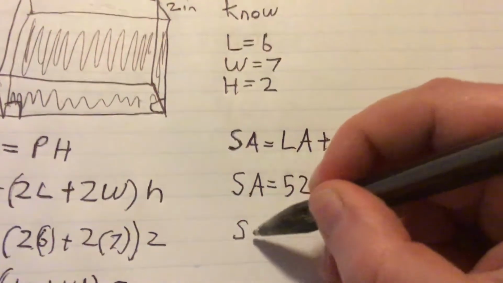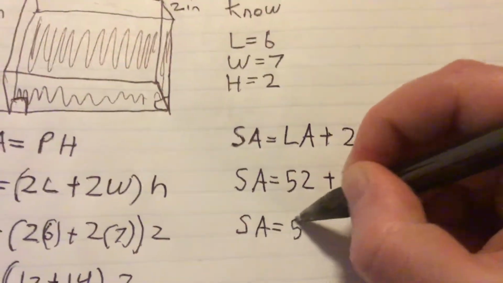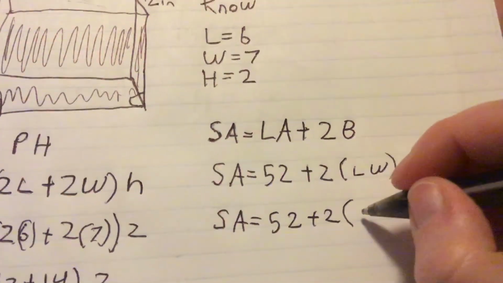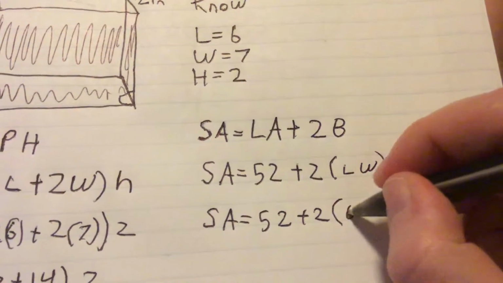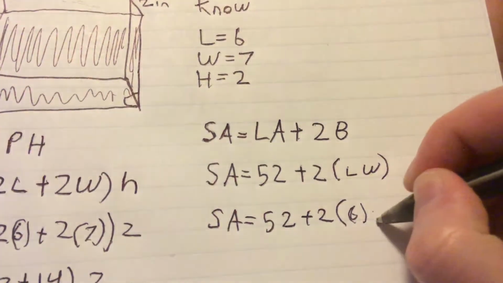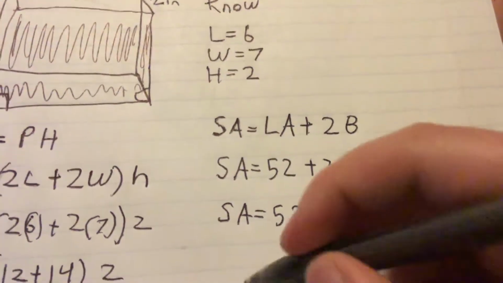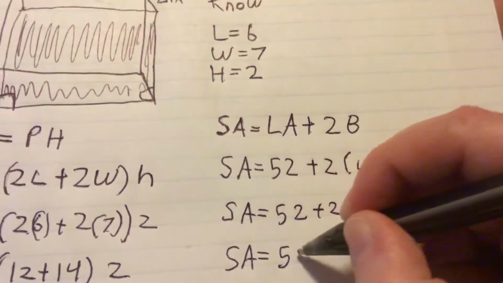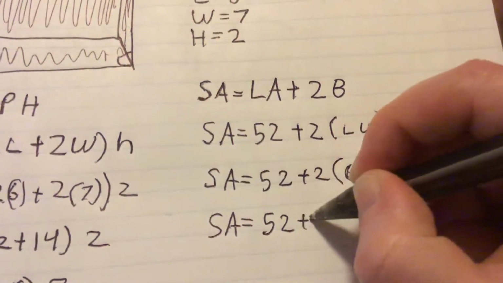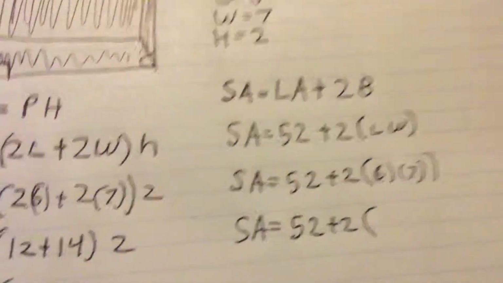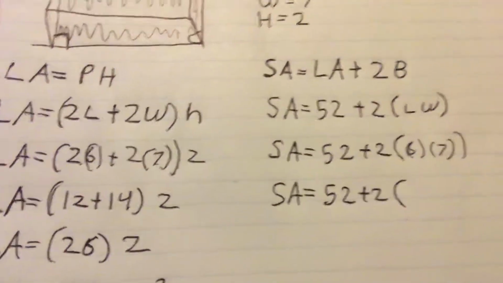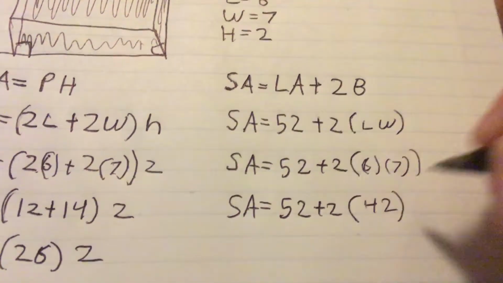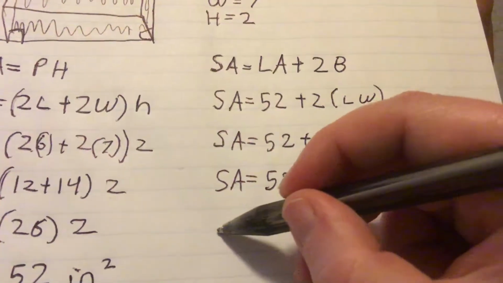Go down here, surface area equals 52 plus 2 times 6 times 7. Down to our next step, 52 plus 2, and then 6 times 7 is 42.